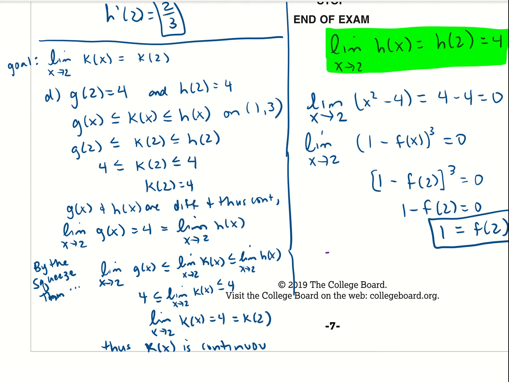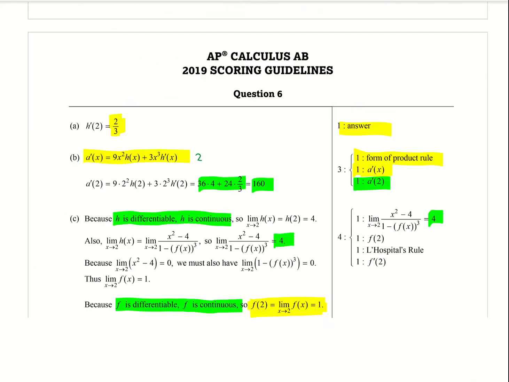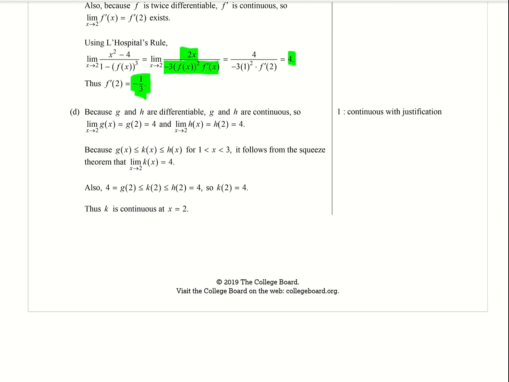Let's just check the answer. That's the wrong one. Oh, it's 1 point. 1 point for all that work. Okay, we have to say that they're differentiable and thus continuous. We did. We have to say that G of 2 and H of 2 equal 4, which we did.